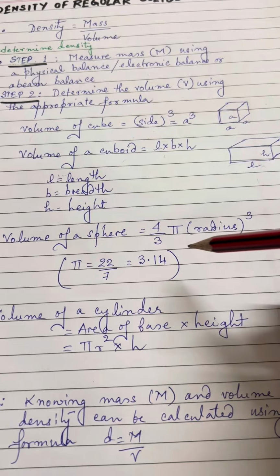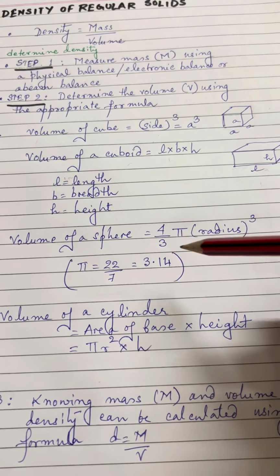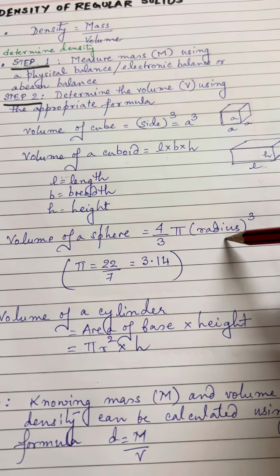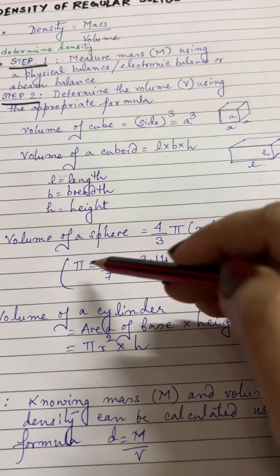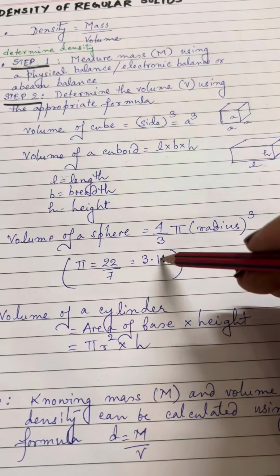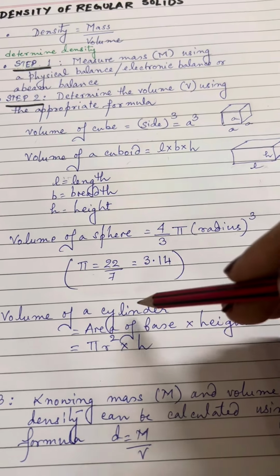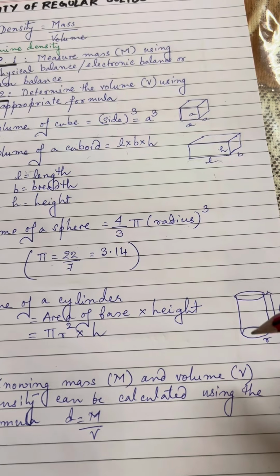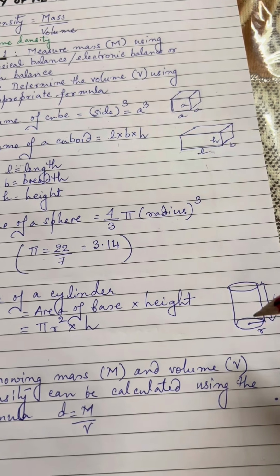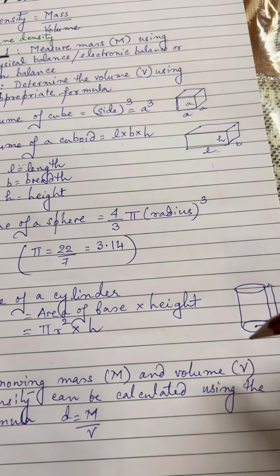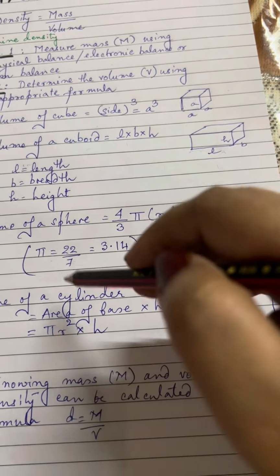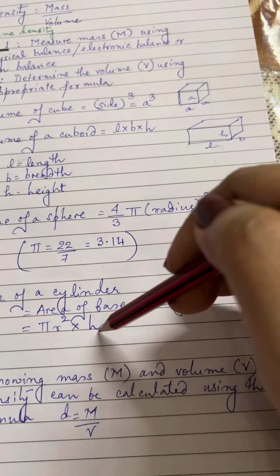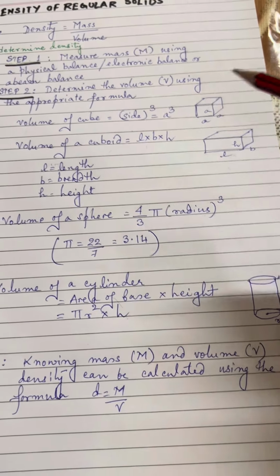Volume of a sphere is equal to 4 by 3 pi r cube, where r is the radius and pi is 22 by 7 or 3.14. Volume of a cylinder is always the area of the base into height. The area of the base, which is a circle, is pi r square, multiplied by the height h. Okay.